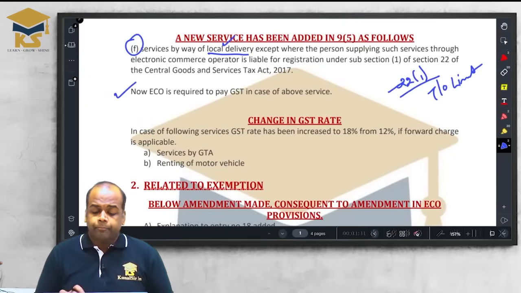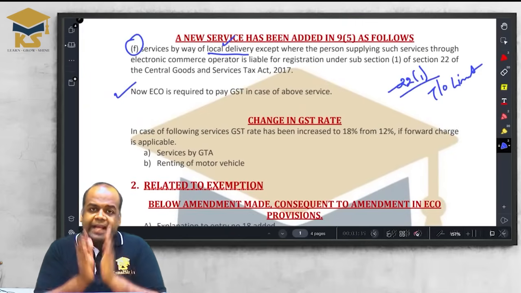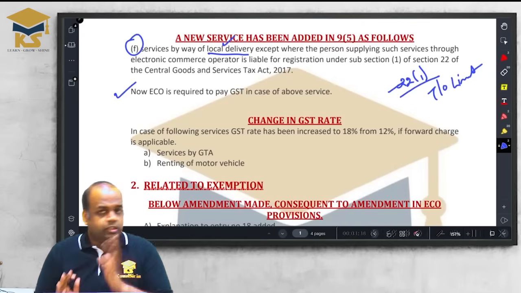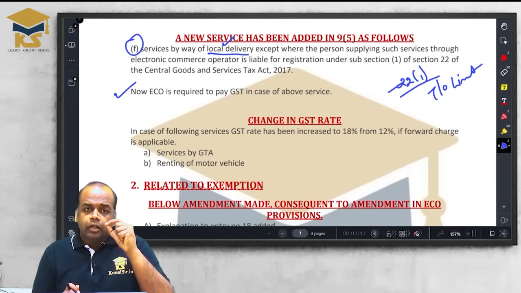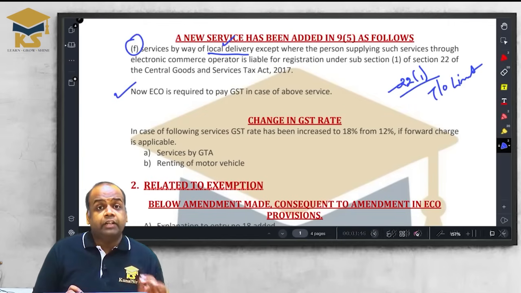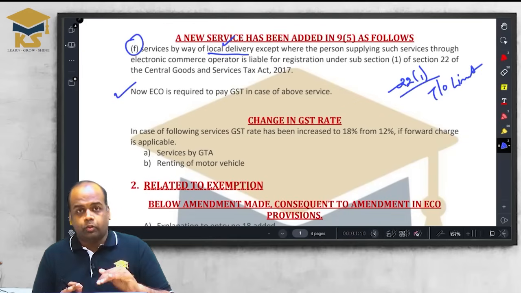Now second, change in GST rate. Although except composition, GST rate is not applicable in CA Inter, 2 rates have been changed, which are given in our module. We have included them in our videos and included here also.